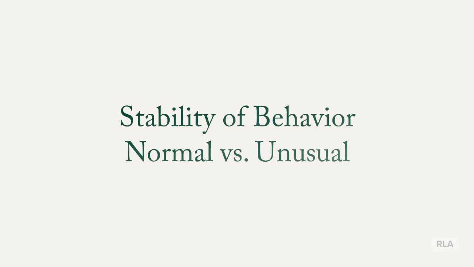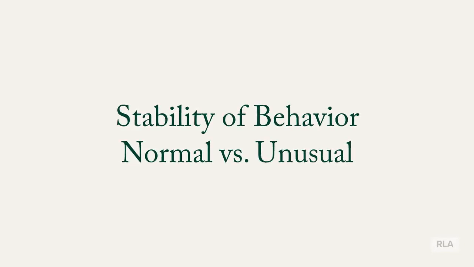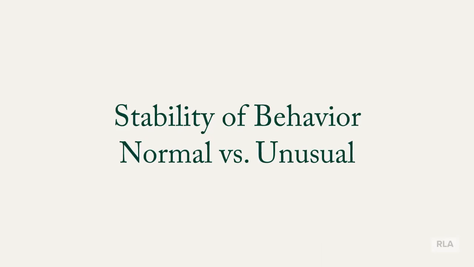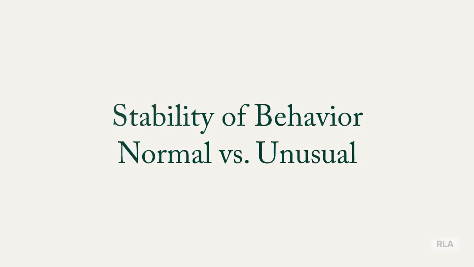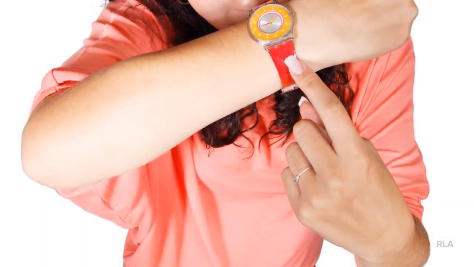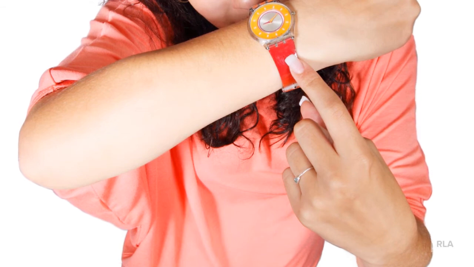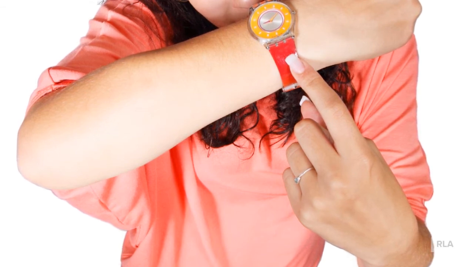The next type of attribution is stability of behavior. It's whether you see what happened as the result of a permanent trait of me, or it's just something unusual and unstable. If we go back to the example of me being late, if I'm always oversleeping, you see it as a stable factor and permanent.